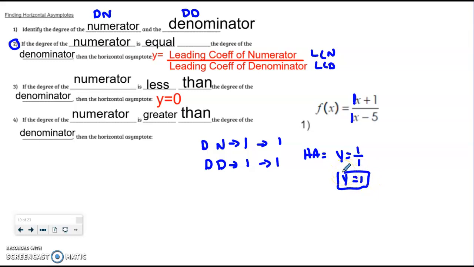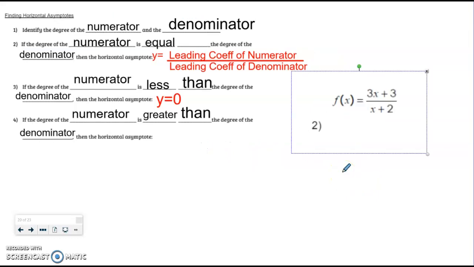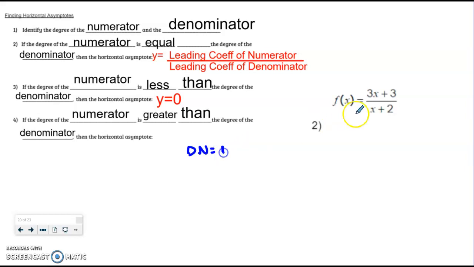Well, let's look at another situation. Let's look at this one, in which my degree of my numerator is still 1, because that's the power of x. The degree of my denominator is also 1. Well, in this situation, we're also looking at the equal degree case, so I need to find out what the leading coefficient of my numerator is, and that is 3.